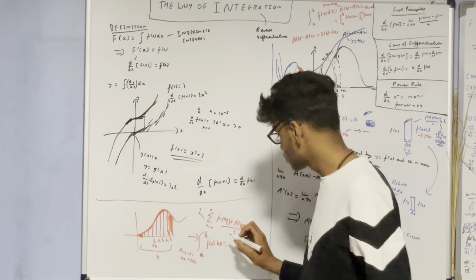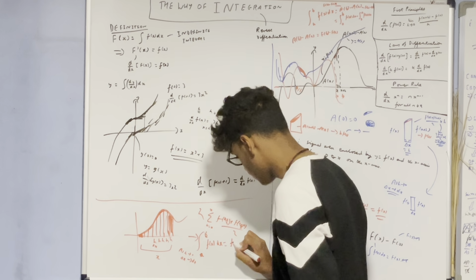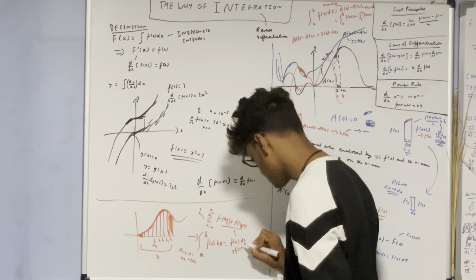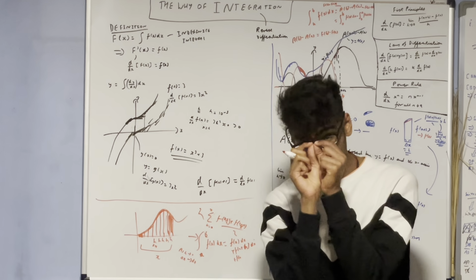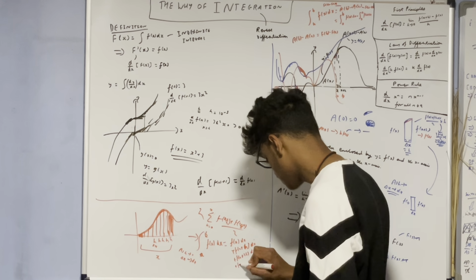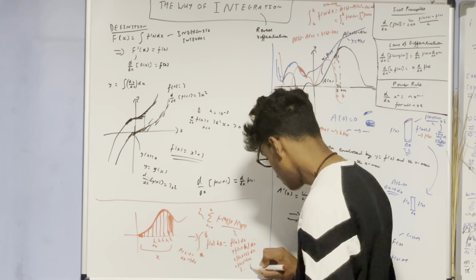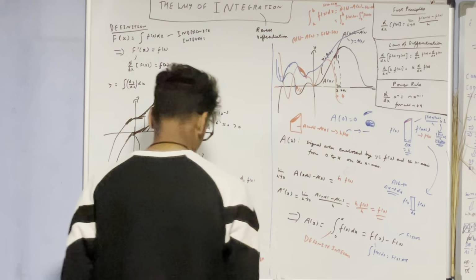It's almost like the area is equal to f(a) dx plus f(a+h) dx, that's my next infinitely thin rectangle, plus f(a+2h) dx plus f(a+3h) dx, all the way to plus f(b) dx. That's what my integral is.